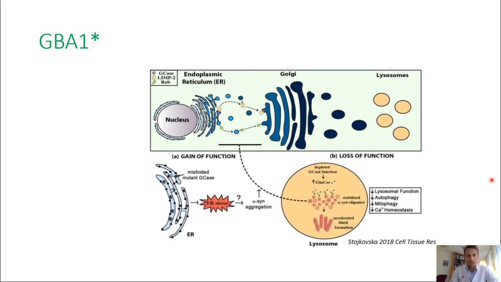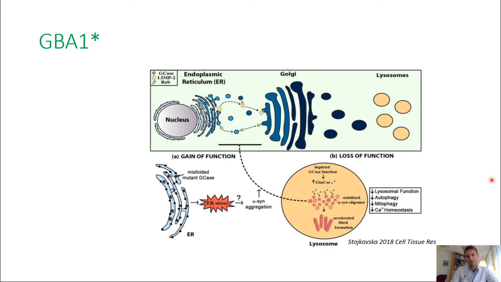If you don't have it, it leads to a gain of function near your endoplasmic reticulum, leading to ER stress, which can induce alpha-synuclein aggregation. But it also leads to a loss of function, mainly in your lysosomal and Golgi function, decreasing autophagy and mitophagy, and thus decreasing your cell's ability to get rid of pathologically folded alpha-synuclein.